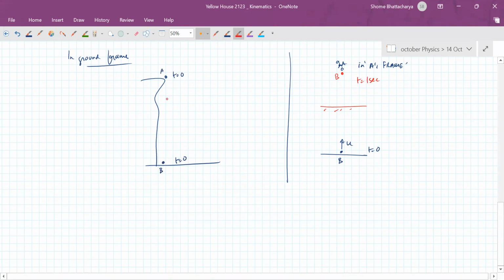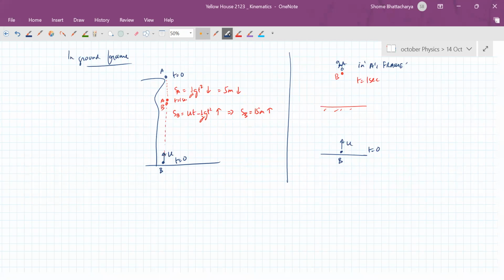So at t equal to 1 second, we can subtract it from 20.